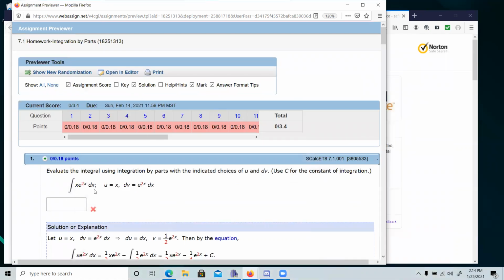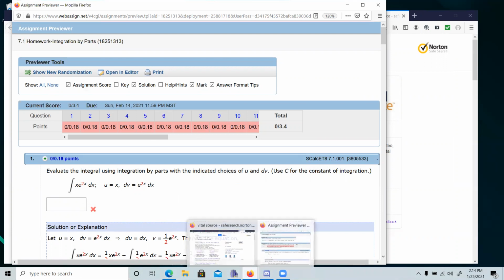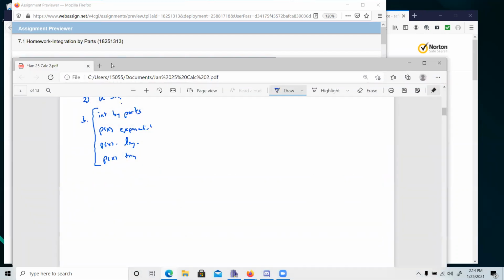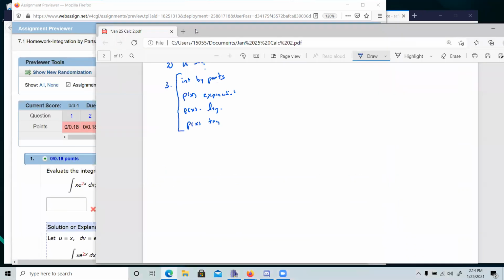Okay. So here, already we have integration by parts. We have a polynomial times an exponential function. So I normally would go through my little, well, can I just integrate this? In this case, no, right?